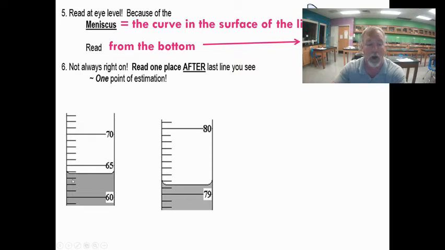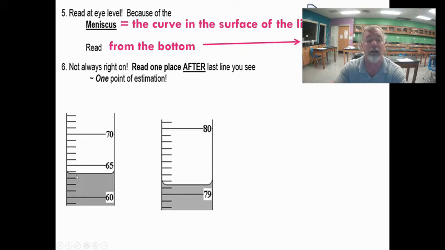But it's not right on that line of 63. It's a little bit above it. So we look at that line and ask, is it more than halfway between the 63 and the 64? Yes, it's more than halfway, so we know it's at least 63.5. Let's draw another imaginary line halfway through and ask how close the bottom of our meniscus is to that 63.5 line and the next tick mark.